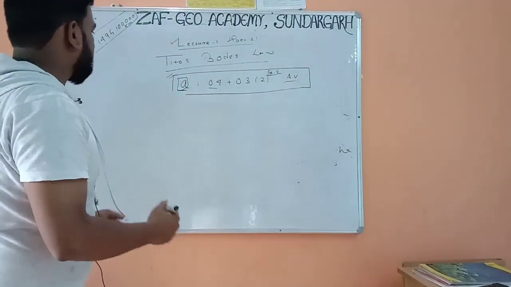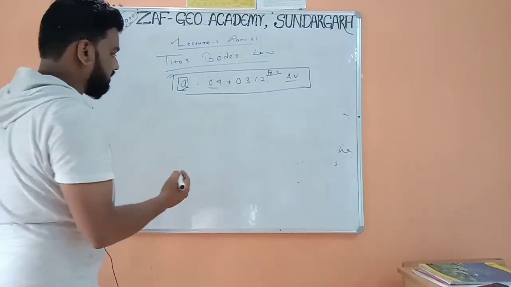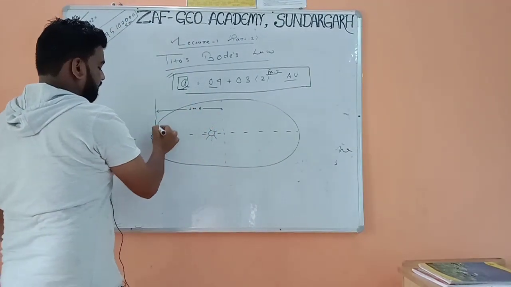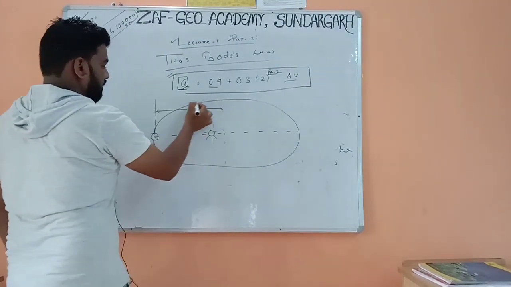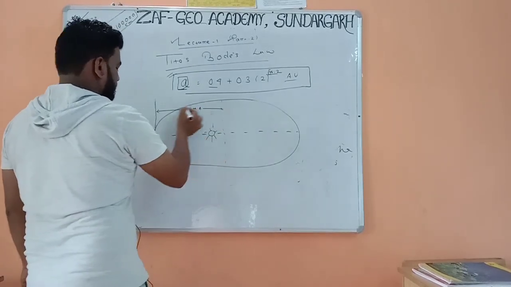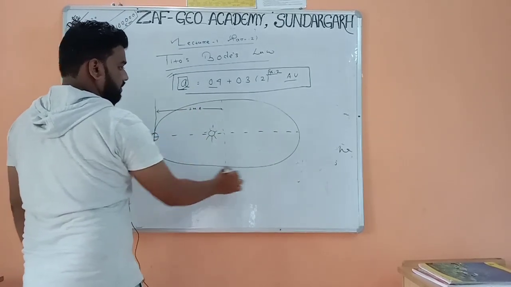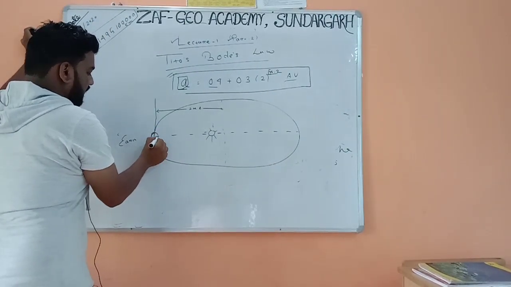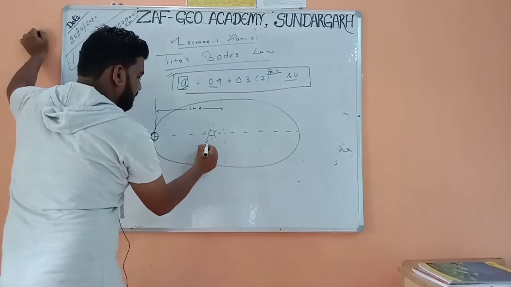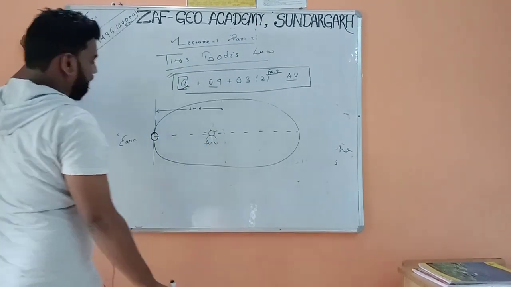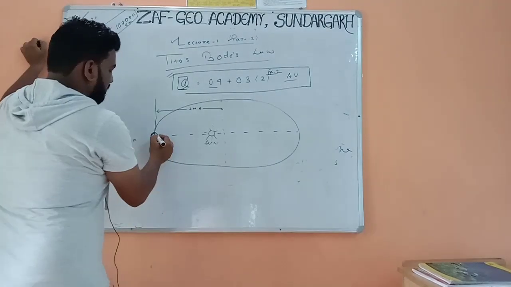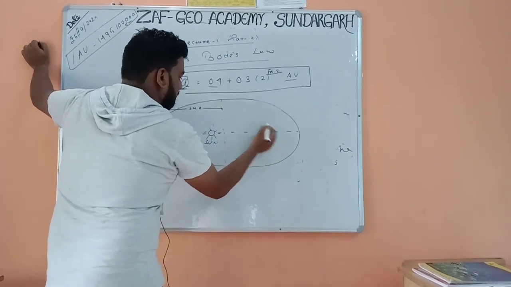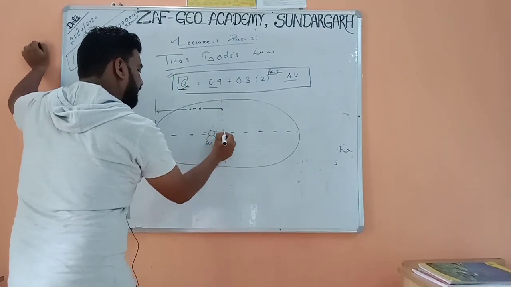First, let's start with what the semi-major axis is. Suppose this is the Earth's orbit, the path in which the Earth's revolution takes place. The Earth is situated at this position, and the Sun is situated at this position. Now I am drawing two imaginary lines, horizontally and vertically.